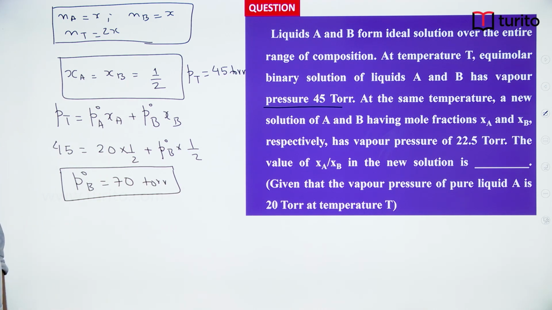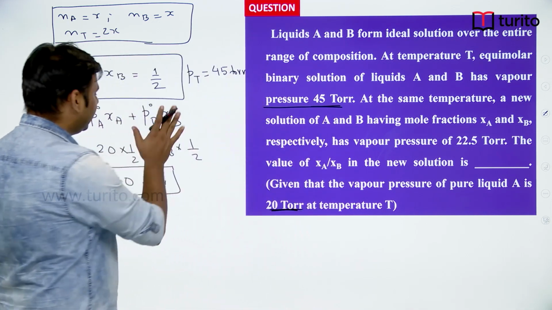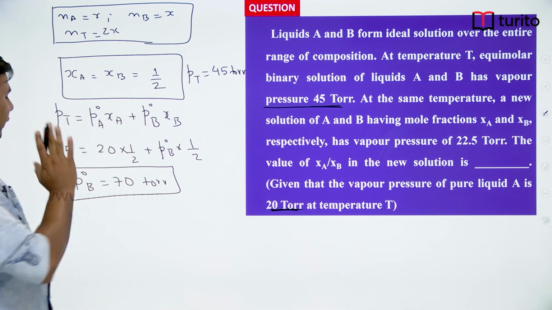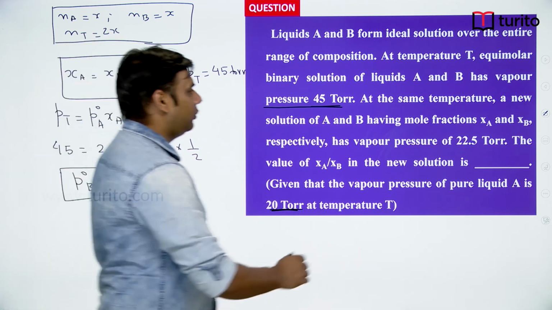Just read this, it is a very simple question. We had equimolar solutions of A and B, so the mole fraction of A and B was half, and the total pressure was 45 torr. P naught A was given to us, so we just use the Raoult's law formula and get the value of P naught B. I'm just erasing this step now. I hope you have understood this.